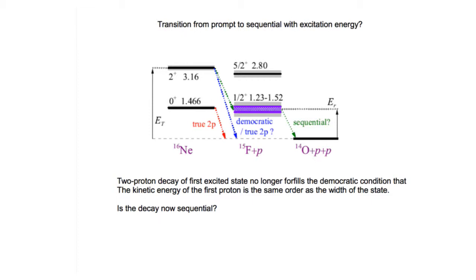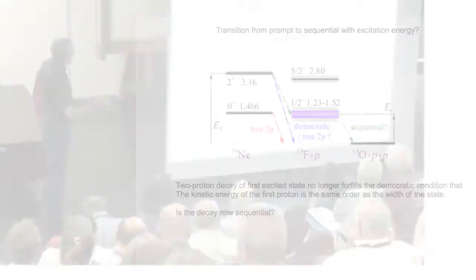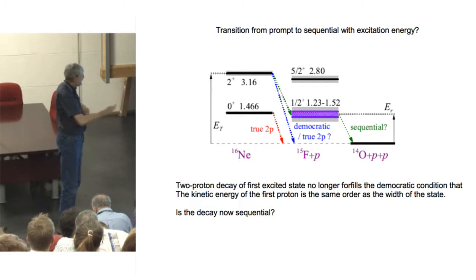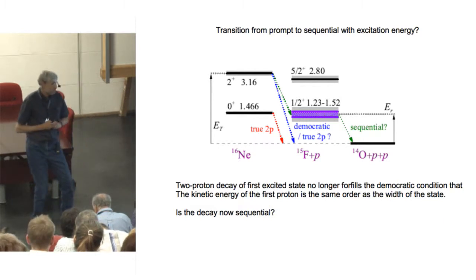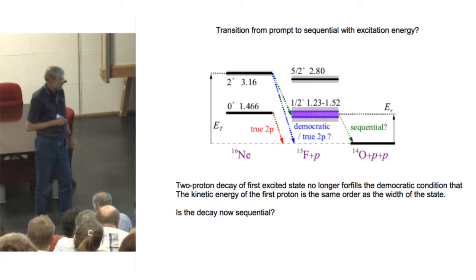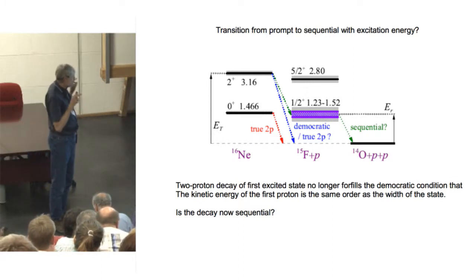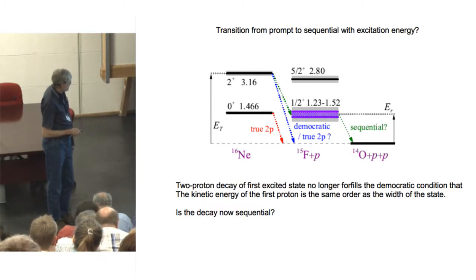But what happens if we go up to here, the first excited state? Now, if you have a sequential decay, the energy of the first proton is much larger. So the first proton can travel much further away before the second proton comes out. So is it now sequential? It doesn't satisfy this democratic condition which was proposed in 1970.